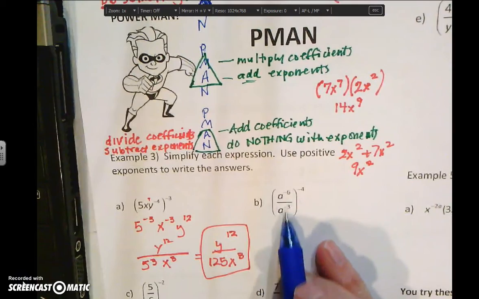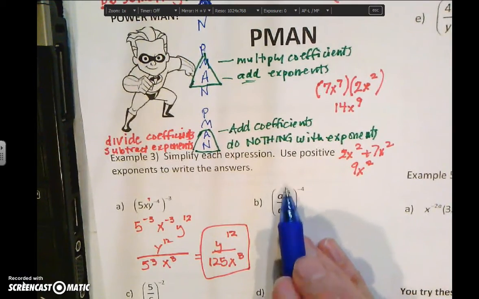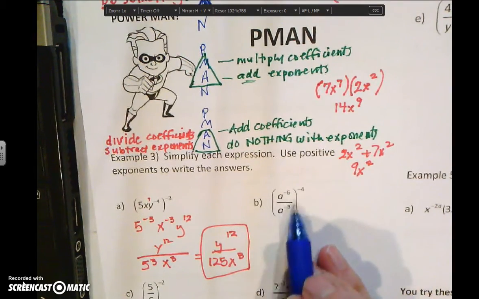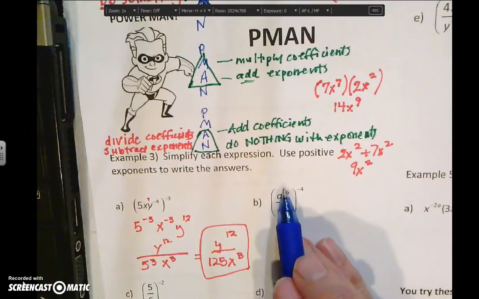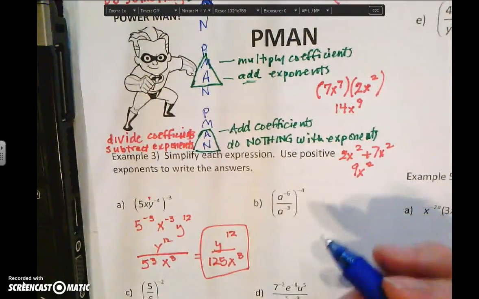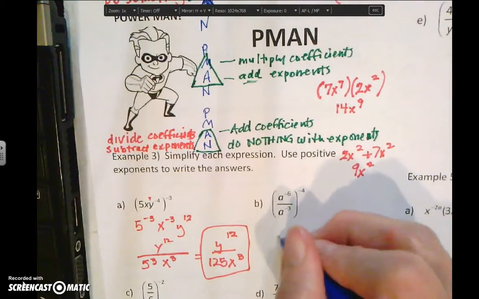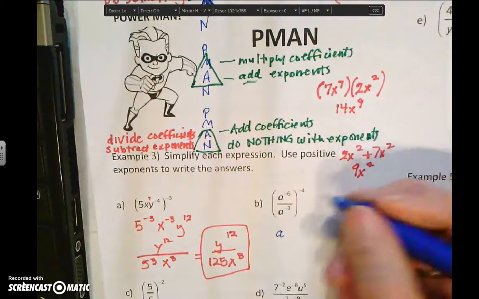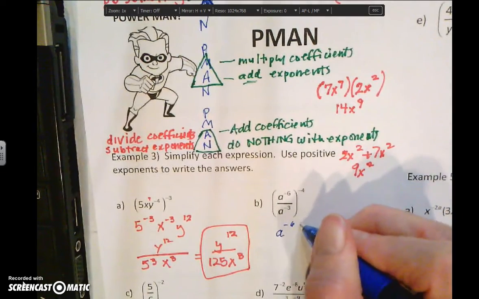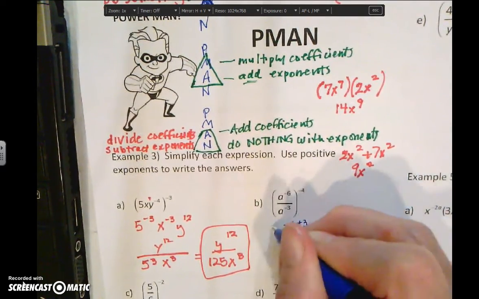For example B, I have a quotient and then raised to a power. And because this quotient has the same base in it, I can combine those. So since I have division, Power Man's going to tell me to subtract those exponents. And I don't have any coefficients. So I'm going to have a, and then I've got the negative 6 minus a minus, which is going to give me plus 3.